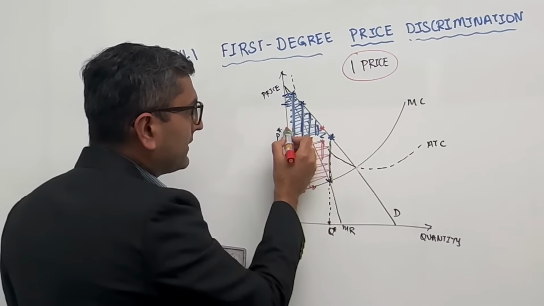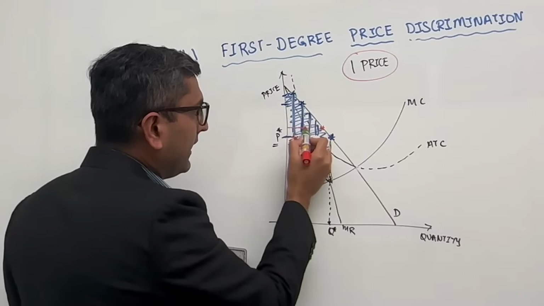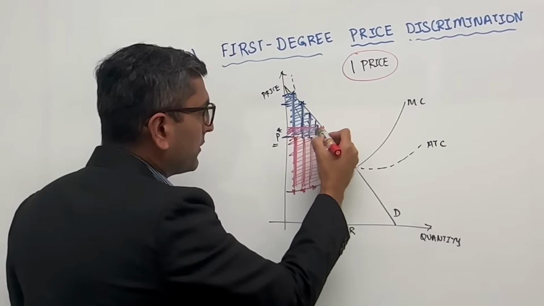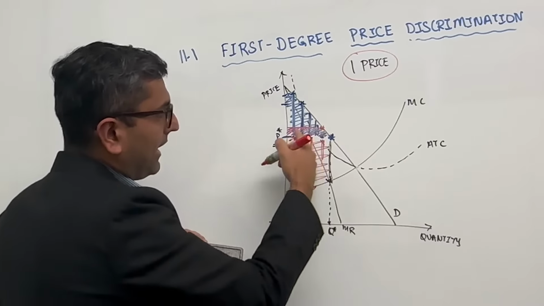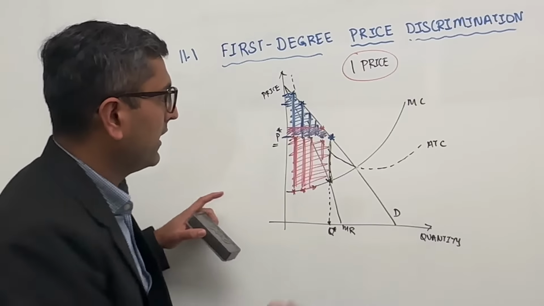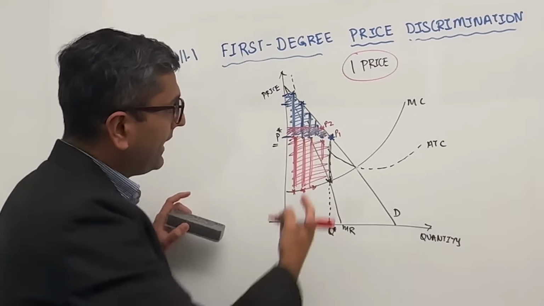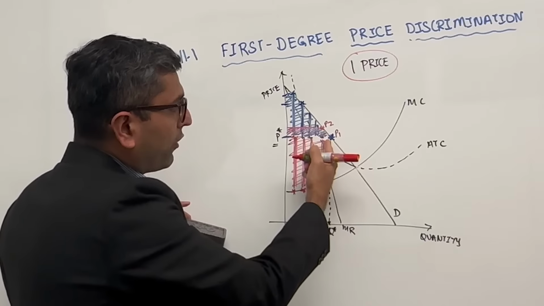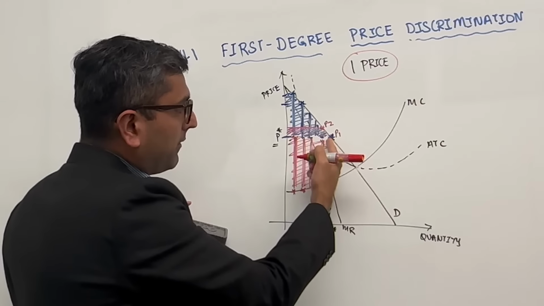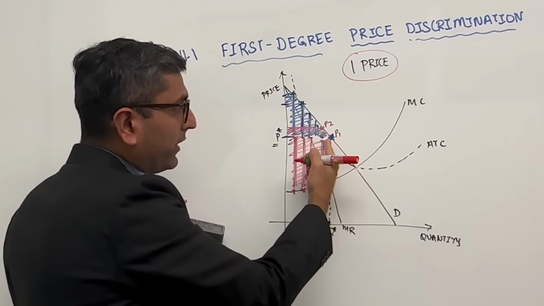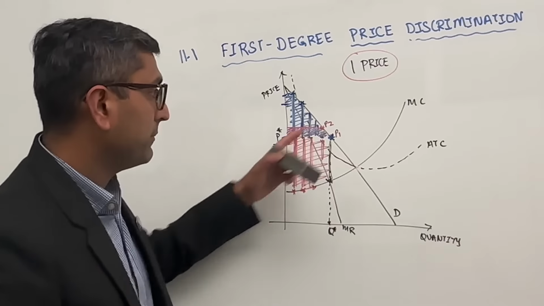I'll charge them a higher price, and with that I can eat up this consumer surplus, and it becomes my producer surplus. So if I had price P1 and now P2, I can charge P1 for these customers at this demand point, and P2 for these customers.